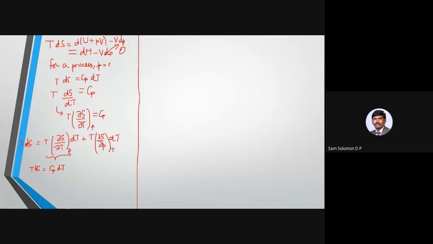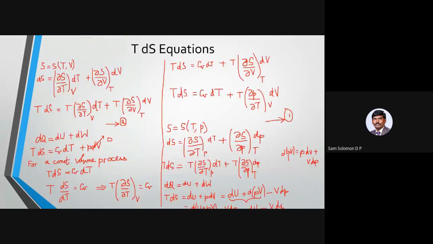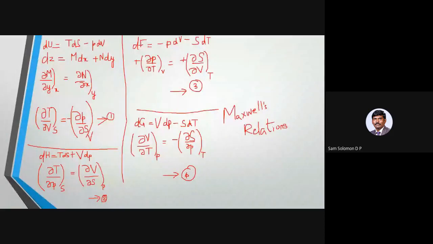So let's see which Maxwell relation holds good for that. Partial S partial P at constant T, that is Maxwell relation 4. And there is a negative sign, so that can be taken to the other side.